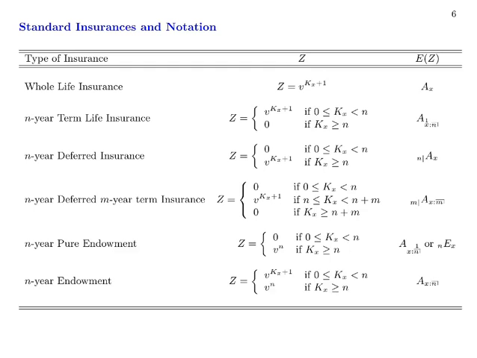Right? So if today you're X years old, then the present value random variable Z is V to the Kx plus 1. Remember, Kx is the number of whole years you've lived, right?